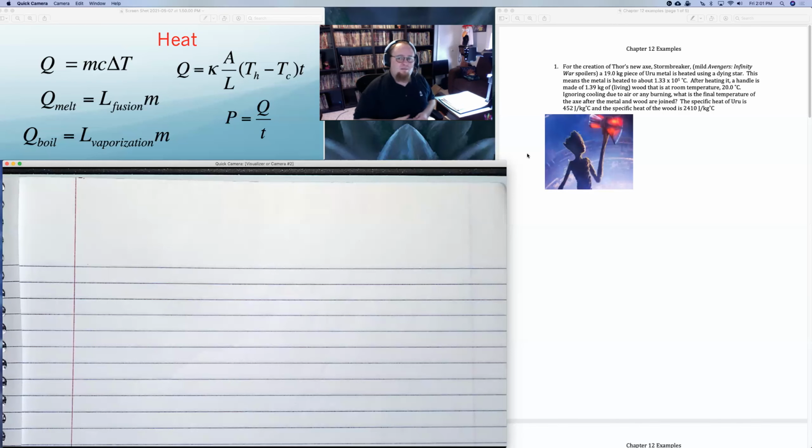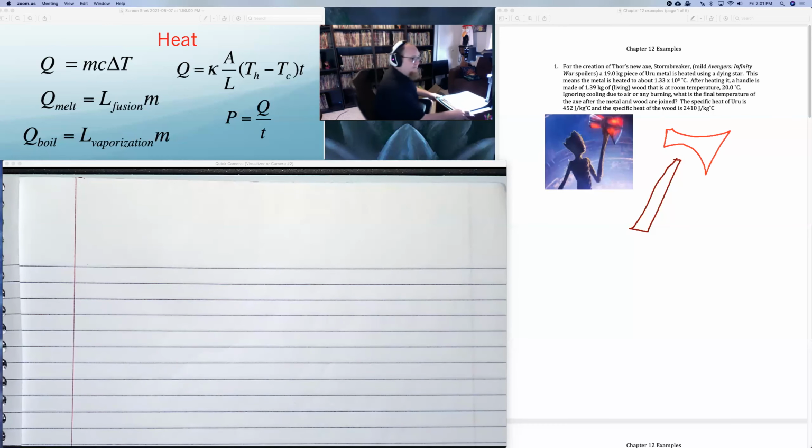For the creation of Stormbreaker, what happens is there is a red hot axe head that is combined with a hunk of wood.